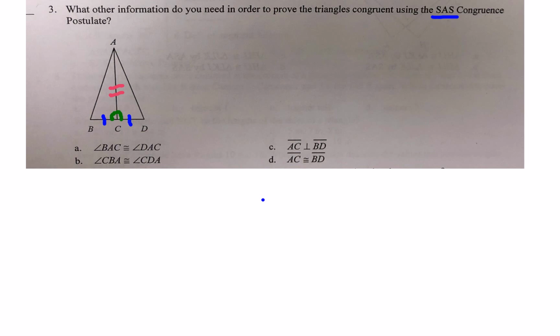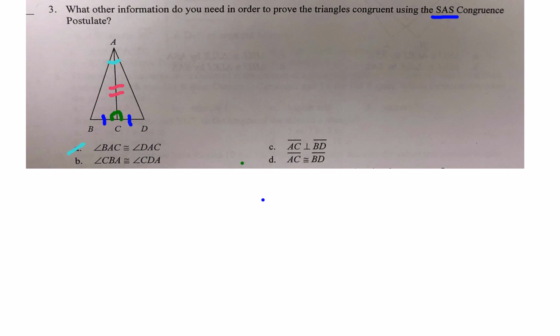And in order to do that, let me look at my answer choices. A said that angle BAC is congruent to angle DAC, basically those two angles. And I don't need those two angles to be congruent because I need the green angle, which is my included angle.